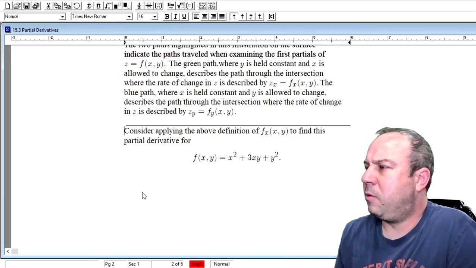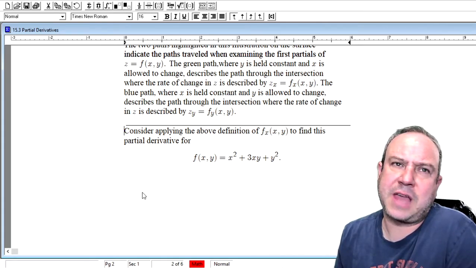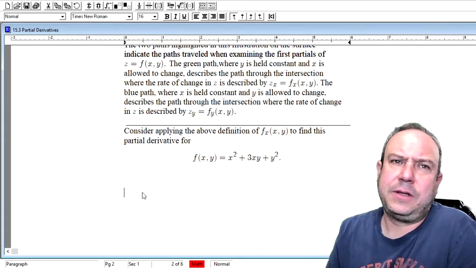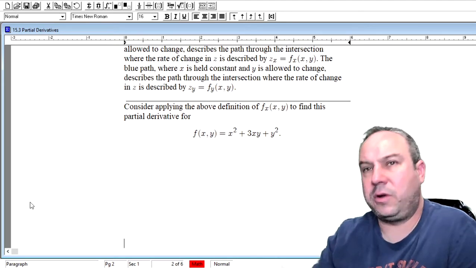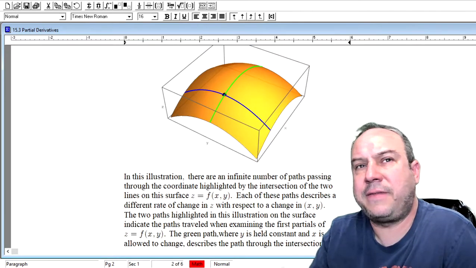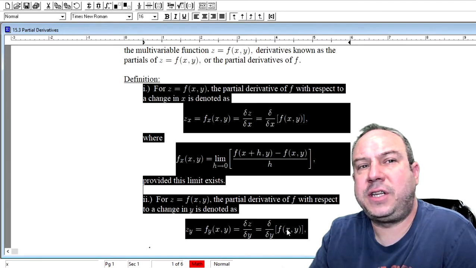But we're not necessarily going to always use this definition in our approach to that calculation. So, consider applying the above definition. What definition are we referring to? It's the limit definition, the definition seen up here.